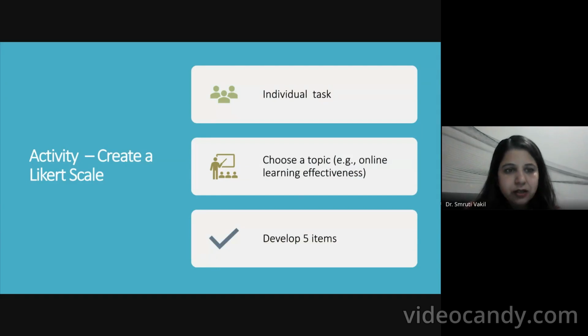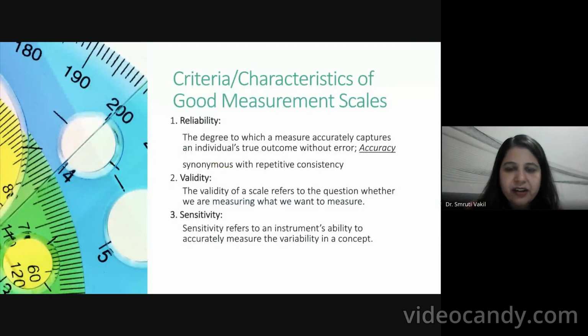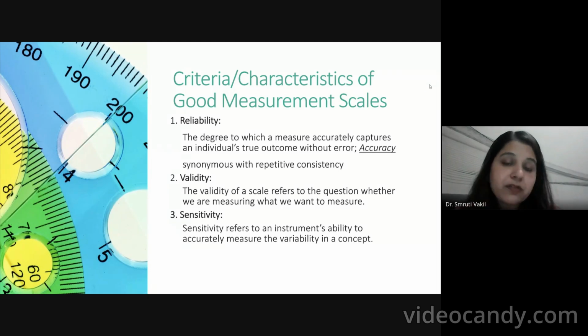We have already done this activity, Likert scale, and five items are already developed. So now, once we develop the scales, what are the criteria or characteristics of a good measurement scale? How to analyze whether the scale that I have framed is good or not. So there are 3 criteria.